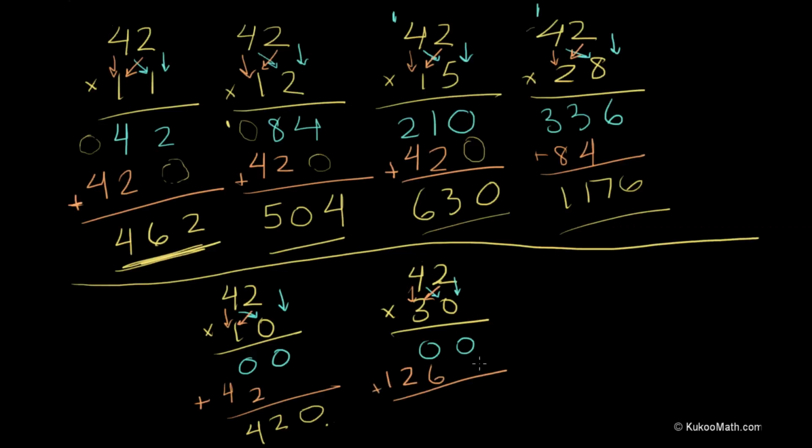When we add this up, we get 0 plus 0 is 0. Then we get 6. Then 0 plus 2 is 2. And then 0 plus 1 is 1. So 42 times 30 is equal to 1,260.